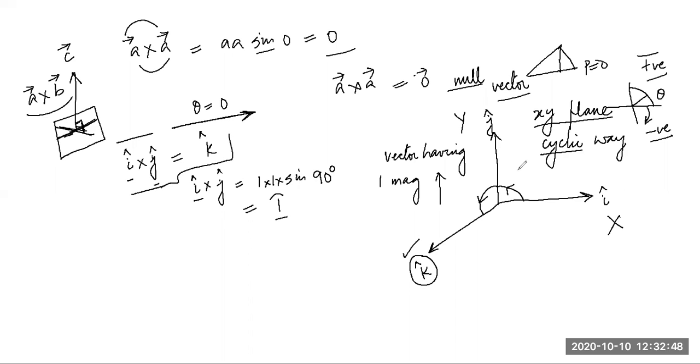Towards your chest, towards your body, right? If I'm having a laptop in front of me, from the screen of the laptop towards my face, that's the direction of z-axis. This product is also a vector. It's not scalar. It has a direction.